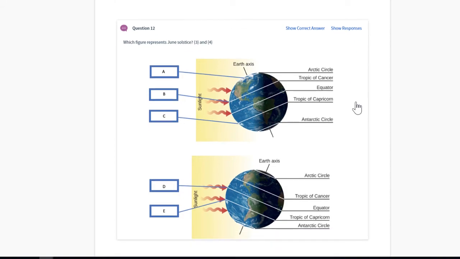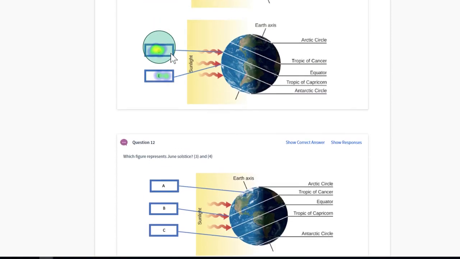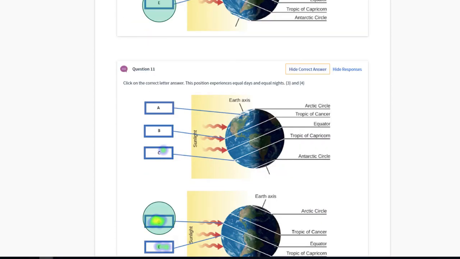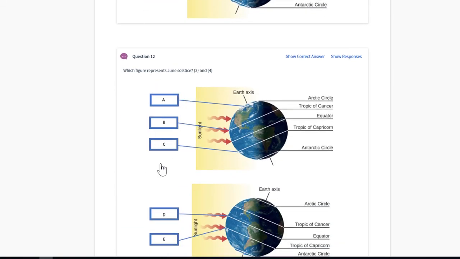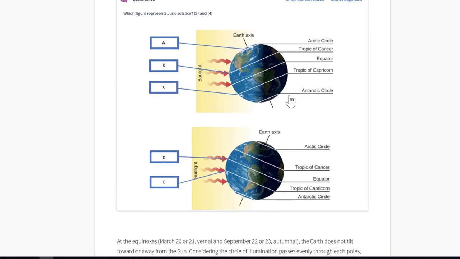A lot of students made a mistake in this question, which asks which figure represents June. The other one was asking for the correct letter, but in this one you were not choosing a letter, but instead a figure. So June solstice means summer in the northern hemisphere, so where should the subsolar point be?